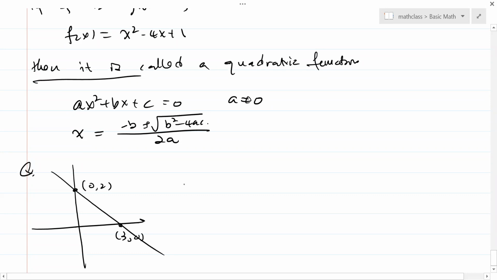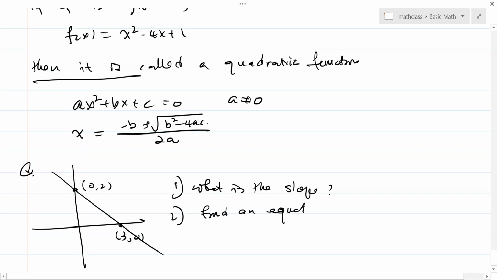Question 1: What is the slope of this line? Question 2: Find an equation for the line.